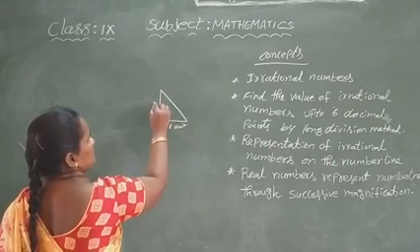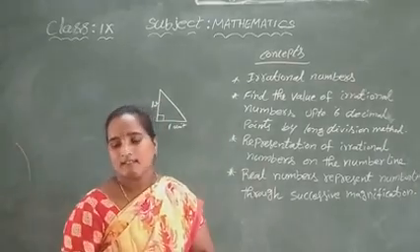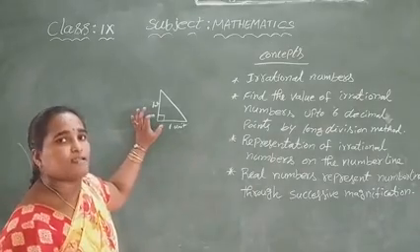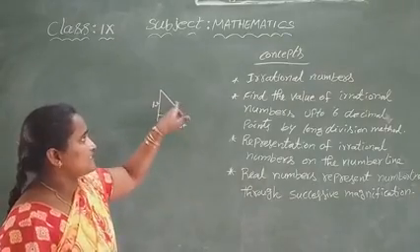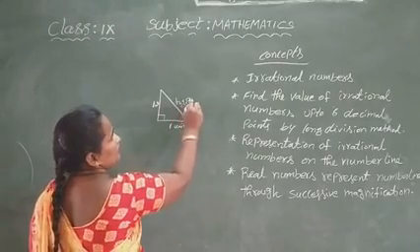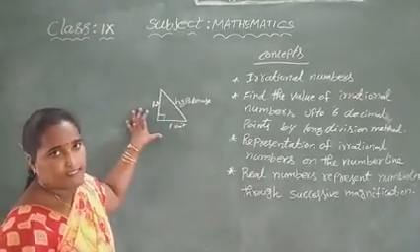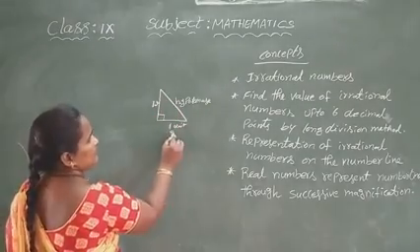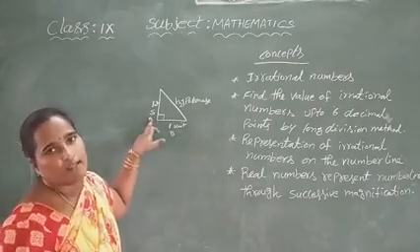In this isosceles right angle triangle, the side opposite to the right angle is called the hypotenuse. This is the hypotenuse, h. This is one side and this is another side. In an isosceles triangle, two sides are equal.